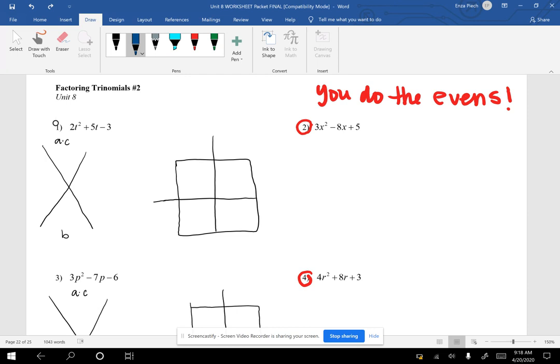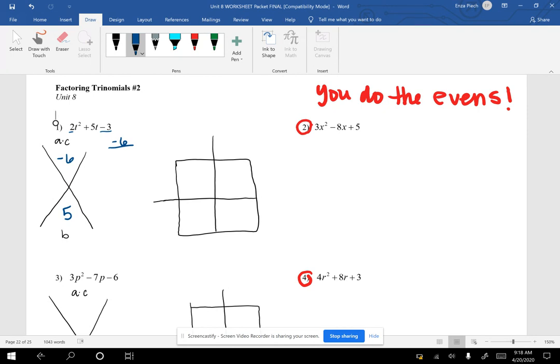In order to find the values that go in the top here, we're going to take our A and our C value and multiply. So we end up with a -6. And then this down here is just the B value as it's written, so we have a +5. So we have to figure out what are the factors that multiply to -6, but they need to add to a +5.